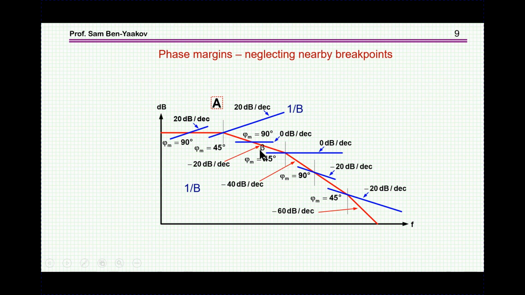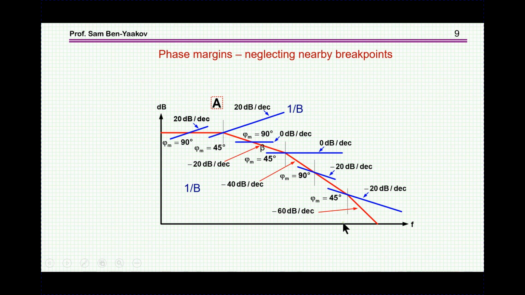And then we have a case again of going down 20, and then this is flat, so we have again a rate of closure of 20 dB, here again 45. And here, which is nice, if we have it going down minus 40 dB, and if you manage to get a 1 over beta that goes down at 20 dB per decade, so actually the B itself is going up at 20 dB per decade, then the rate of closure here is 20 dB per decade, and this is okay.